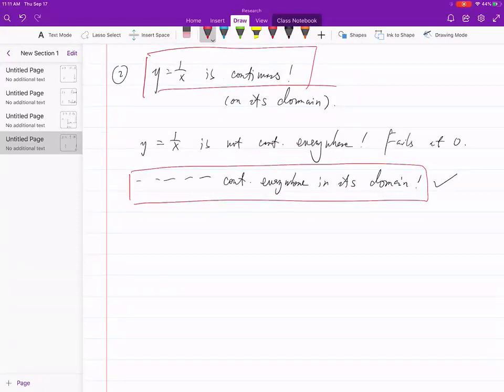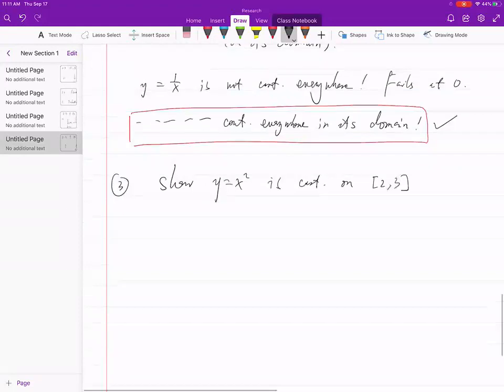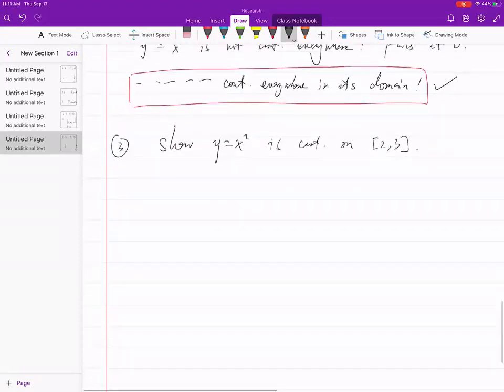Okay. Now this is where we left. Number 3, we talk about how to show something is continuous on an interval. For example, show y equals x squared is continuous on (2, 3). It's really easy to show it's continuous at 2, at 3, at 2.5.